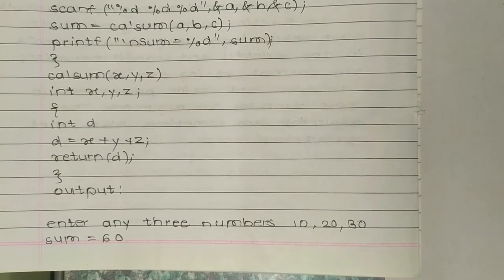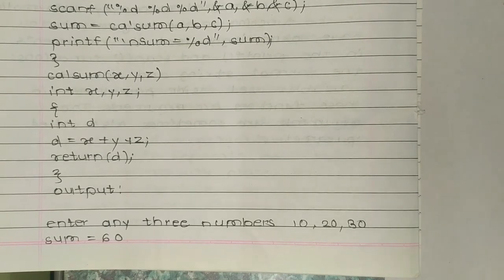Now int calsum(int x, int y, int z). So this is a function called calsum. Now int d; d is also an integer.